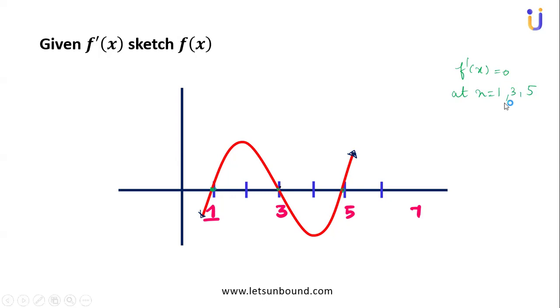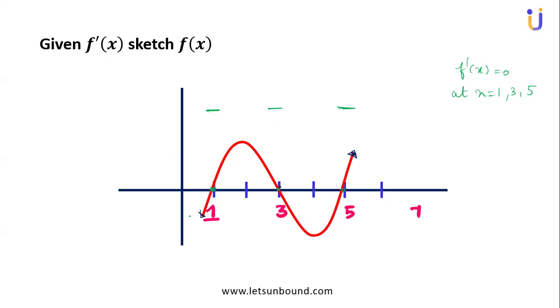Your f of x has horizontal tangents over here. I don't know where the horizontal tangent will come. I'm just checking some random point here. So your f of x here, maybe here. I'm just making it like this. It cannot be the same, but yeah. This is the first thing. Look for the 0 or undefined points.